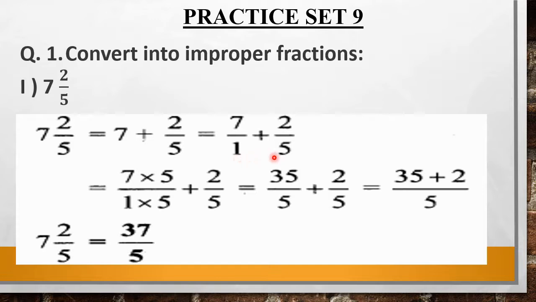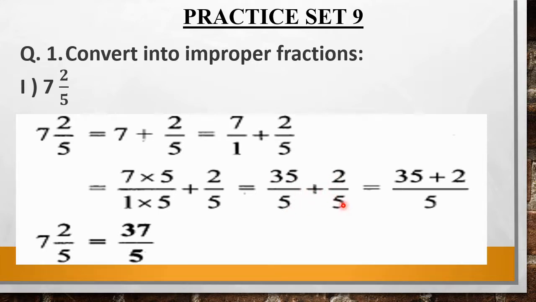Now we have to keep our denominator same. So for 7 by 1, we will multiply both sides by 5. So 7 multiplied by 5 upon 1 multiplied by 5 plus 2 by 5. Here you will get 7 5s are 35. 1 multiplied by 5, that is 5. So 35 by 5 plus 2 by 5.